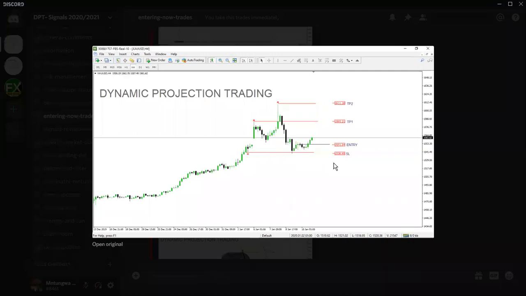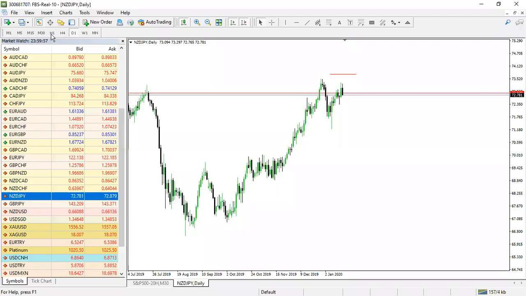In this case, it means we just placed our stop loss too tight at this level. That's the only mistake that happened. If you look into the chart, you'll see that our stop loss was too tight. Let's go and check for gold.